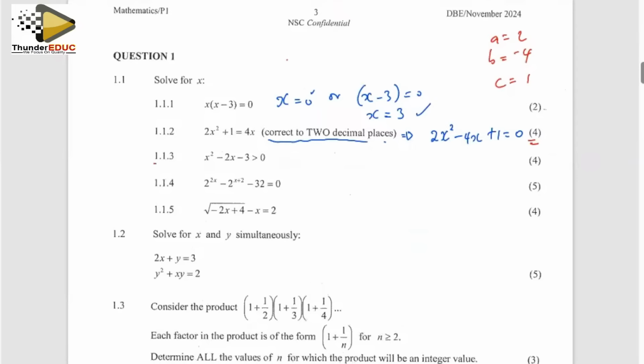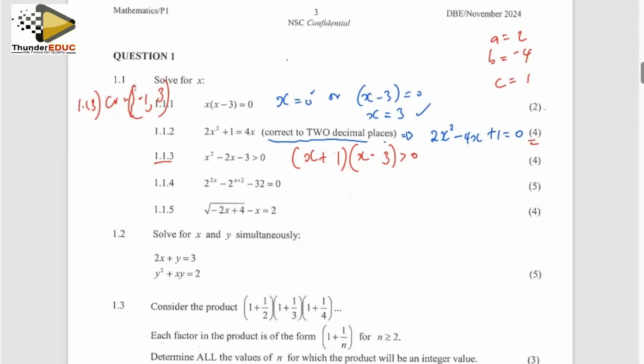Then 1.1.3 is the quadratic inequality. So let's factorize that. That's going to be x and x. We can have a 3 and a 1. Let's make this a negative and that a positive. It's greater than 0. So the critical values in this case are x being negative 1 and x being positive 3.